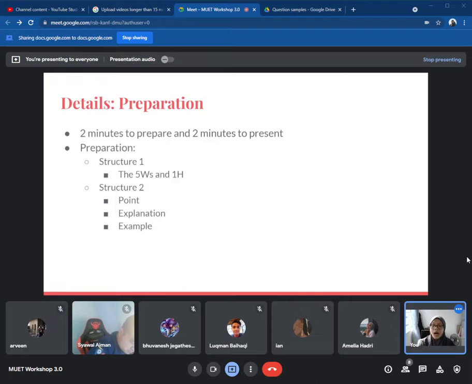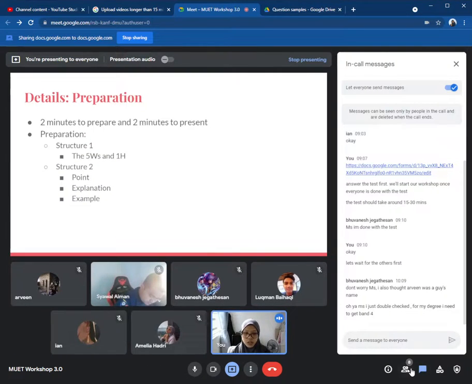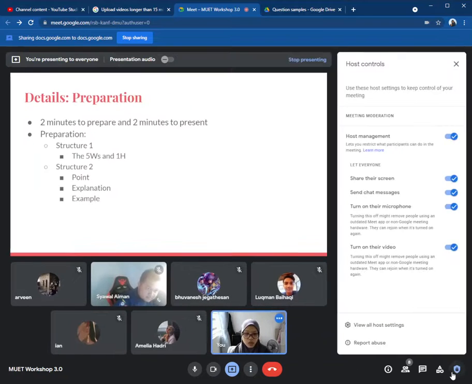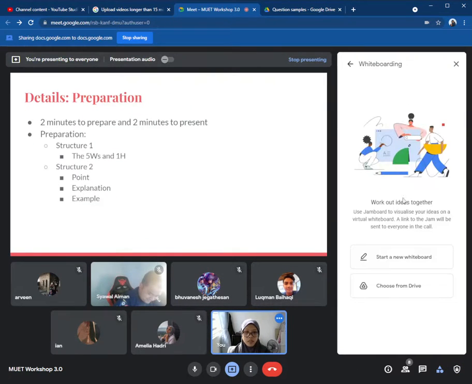However, if you find this structure a bit difficult because you just don't know where to start, you can always use the first structure, which is the 5W1H question. I'm going to show you an example of how you can use this 5W1H question. Sekejap. Let's open this one.